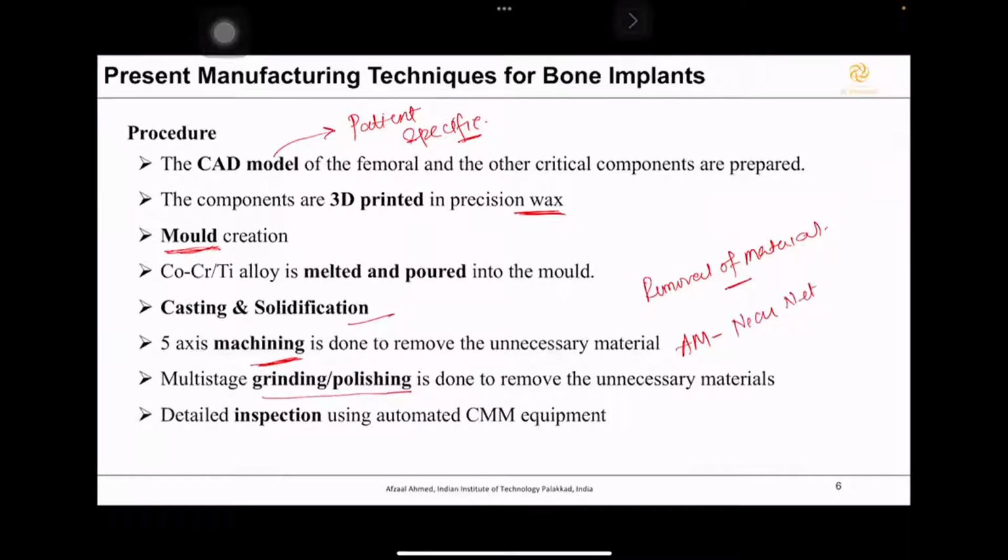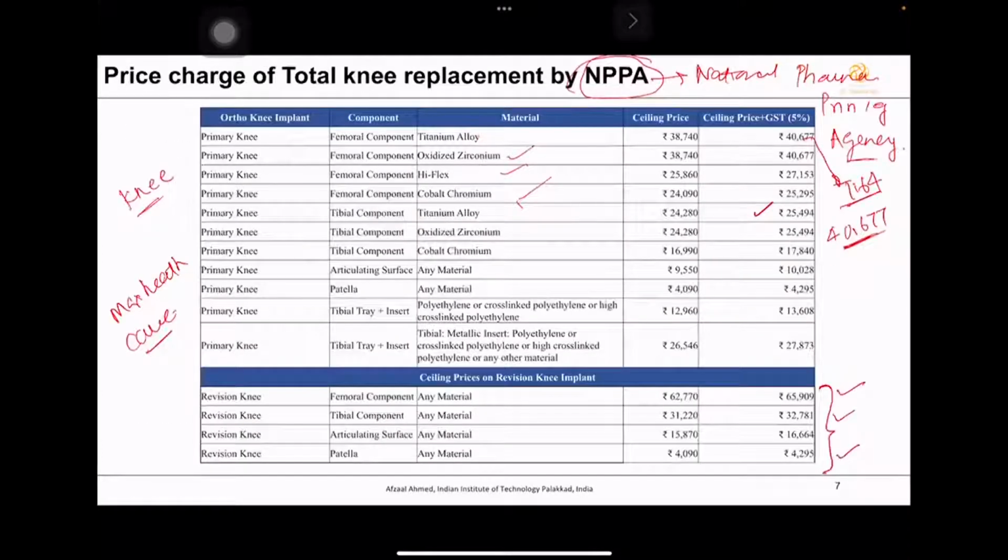We are producing a component which is very near to the actual component, so the amount of material wasted is very less. And if you see the cost of this particular implant here, made of titanium alloy, a femoral component of a knee, it is around 40 odd thousand rupees. Most of the charges out of this 40,000 go into this material only, titanium alloy.